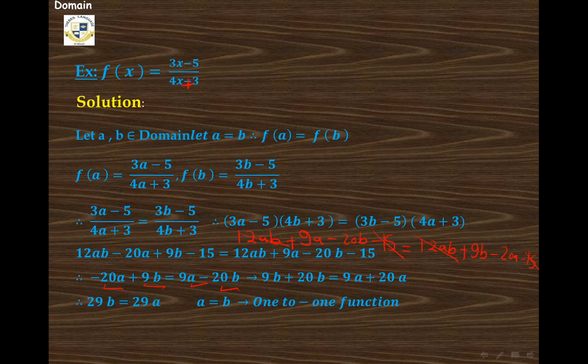I'll collect letter b with each other, also letter a with each other, then 9b plus 20b, then 9a plus 20a. Then 29b equals 29a. I'll divide both the left hand side and the right hand side by 29, then a equals b. Therefore, the function f of x is a one-to-one function.